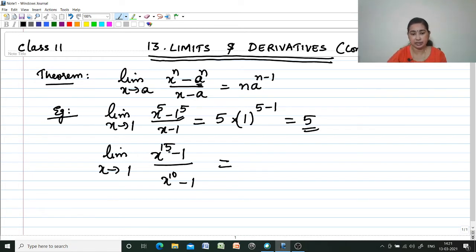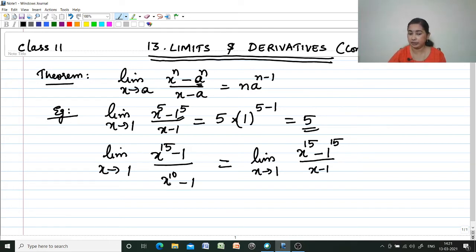So if it is x raised to 15 minus 1 raised to 15, it should be divided by x minus 1. Here what you can do is, limit x tends to 1, I can write this as x raised to 15 minus 1 raised to 15 divided by x minus 1.